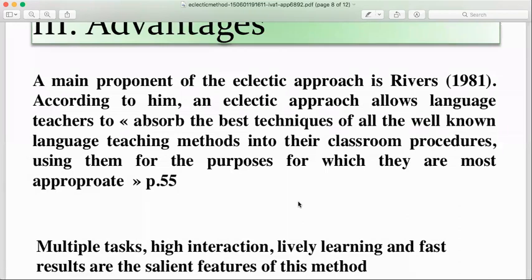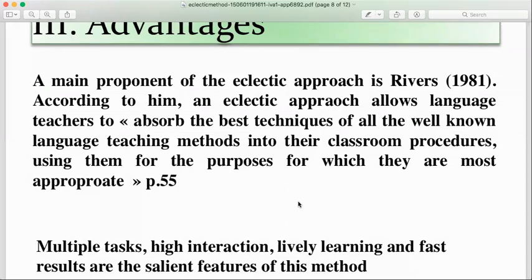That this is the theoretical underpinning, and these activities can be done in this method, and these activities would not be done because that's not a part of it. In some methods, L1 is allowed to be used in the classrooms. In other methods, L1 is not allowed to be used in the classroom. So there are definitely some boundaries, some borders in the rest of the methods, which is not the case in the eclectic approach. Okay.